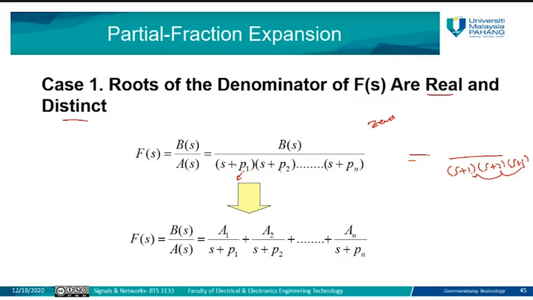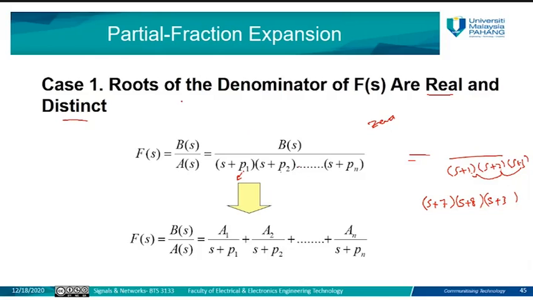Real and distinct means they are real values, we do not have complex numbers or imaginary values. All the roots of the characteristic equation in the denominator are real and differ from each other, like s plus 7, s plus 8, s plus 3.